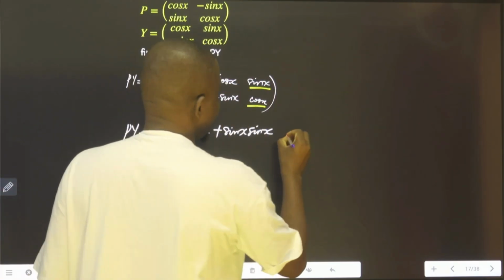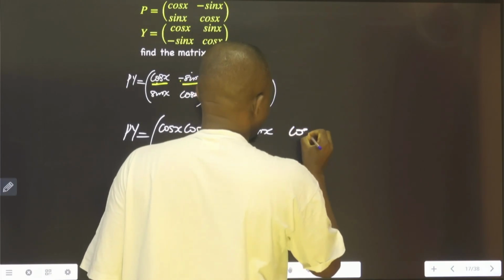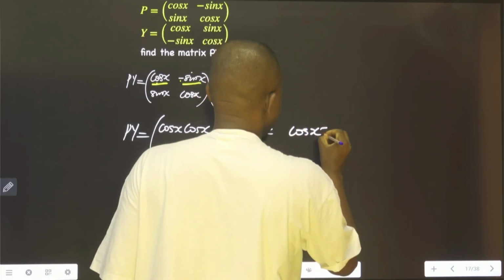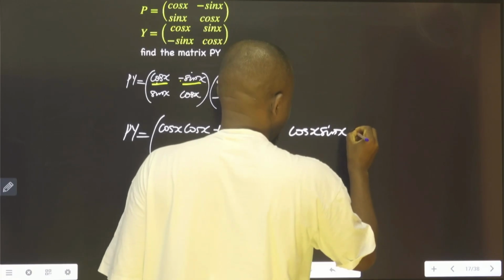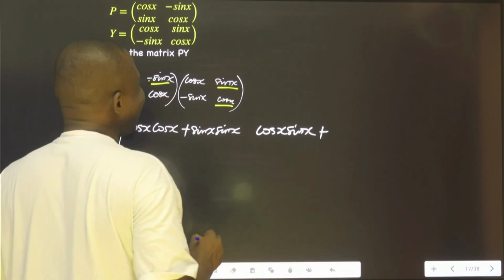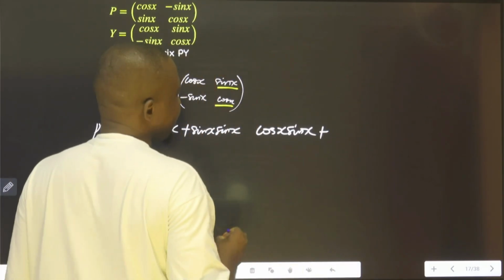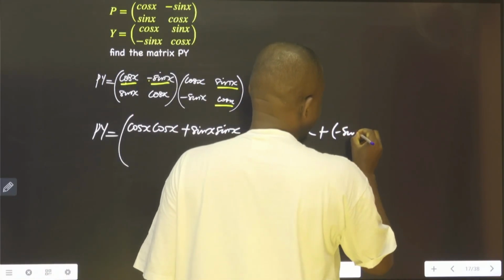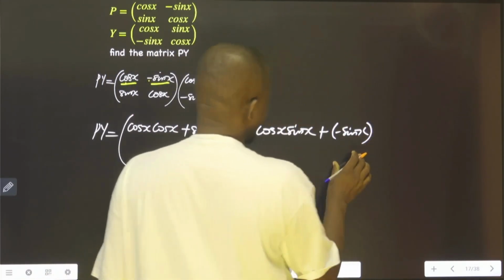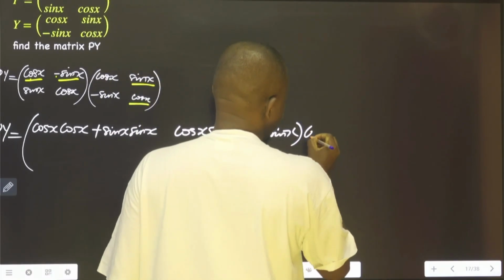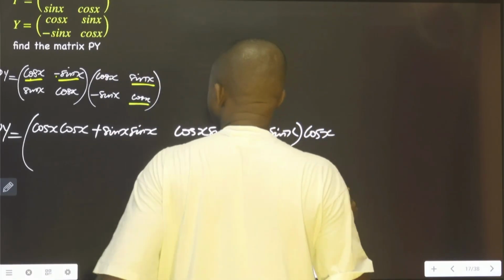That is to say, cos X sin X plus minus sin X cos X, minus sin X cos X. Okay?